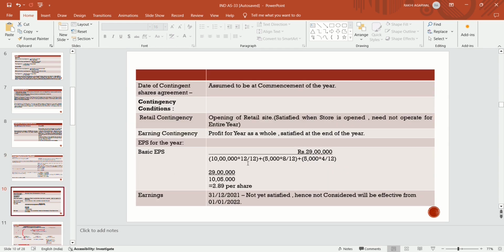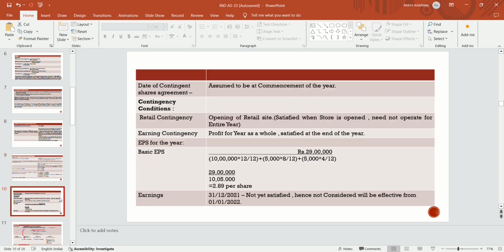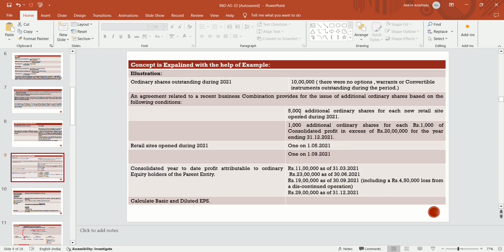So 10 lakhs into 12 divided by 12 for the whole year, plus we have to give the effect because retail sites opened during 2021, one site on 1st May 2021 and another on 1st September 2021. The additional number of shares given by the entity is 5,000 for each new retail site.